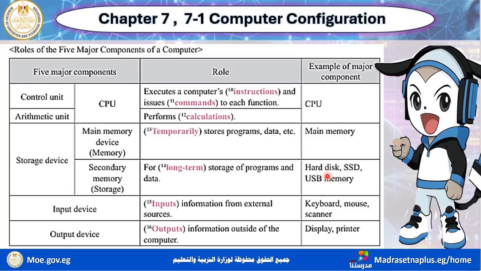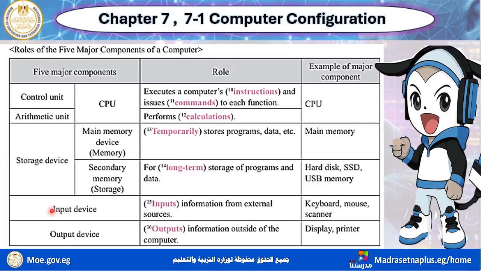Like a hard disk. You can save your information, your data, through the hard disk and keep it for a long time without losing it. An SSD, a USB memory. So it's safe as long as you have the memory with you.